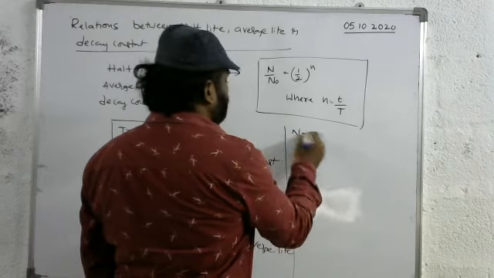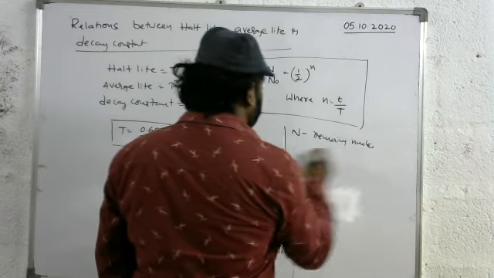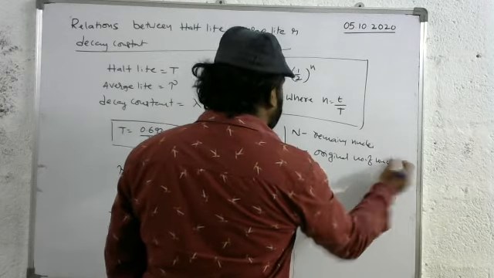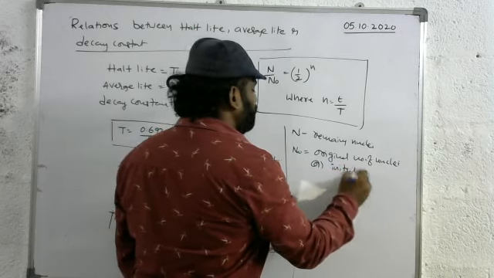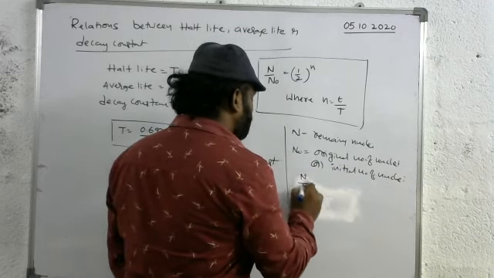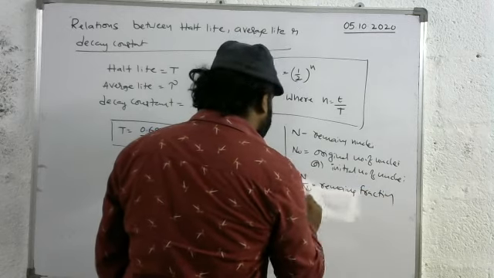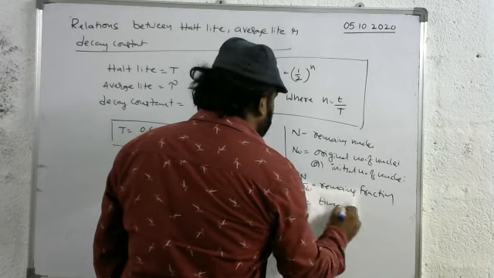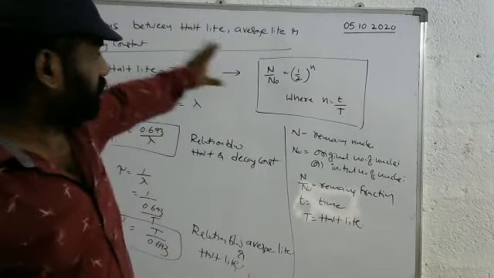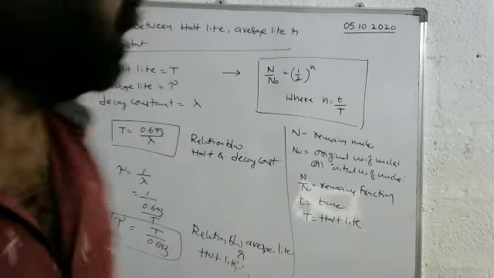Here N is the remaining nuclei, N naught is the original or initial number of nuclei, N by N naught is the remaining fraction, small t is time and capital T is half-life. Let us see some of the problems.